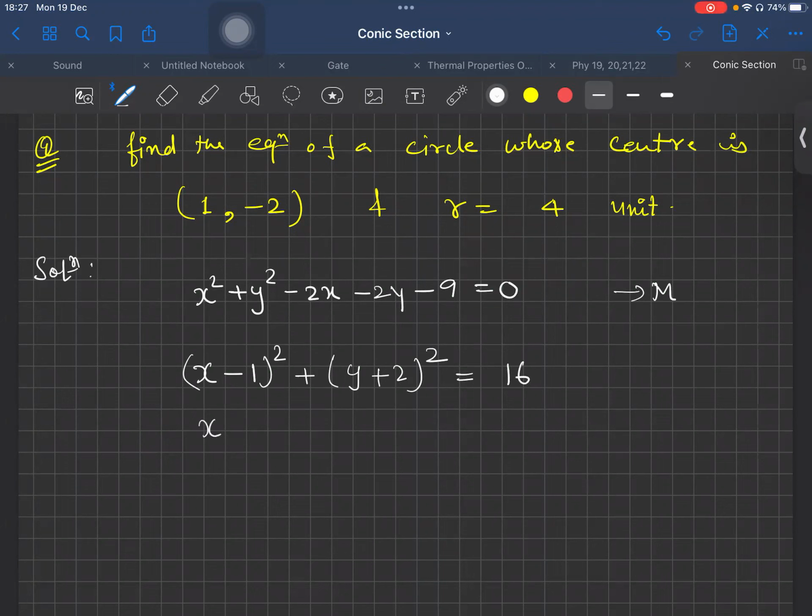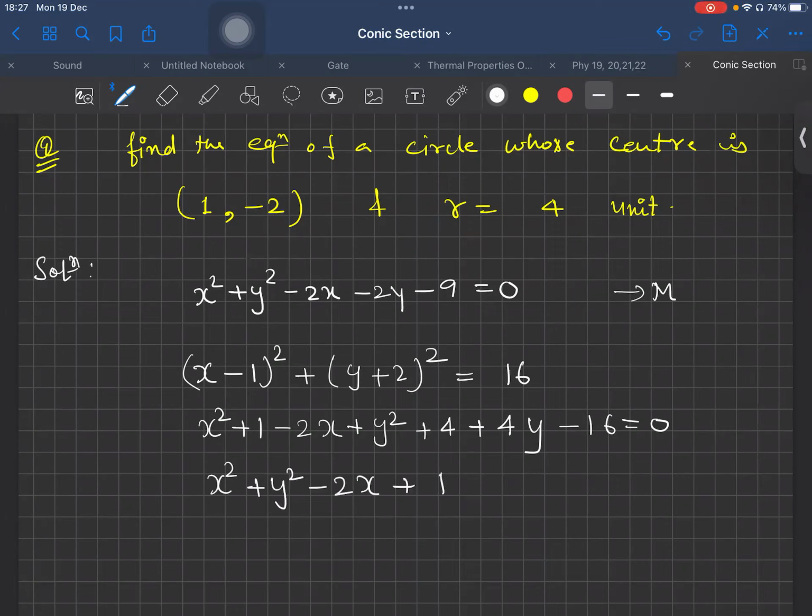So this will become x square plus 1 minus 2x plus y square plus 4 plus 4y minus 16 is equal to 0. So this will become x square plus y square minus 2x plus 4y and 1 plus 4 minus 16 is minus 11, equal to 0. So this is your answer.